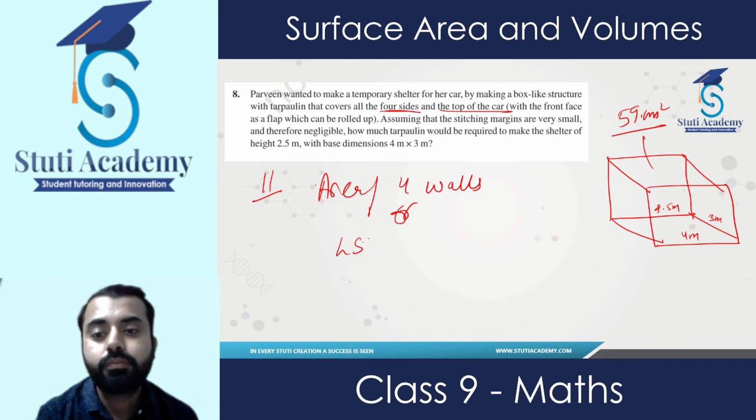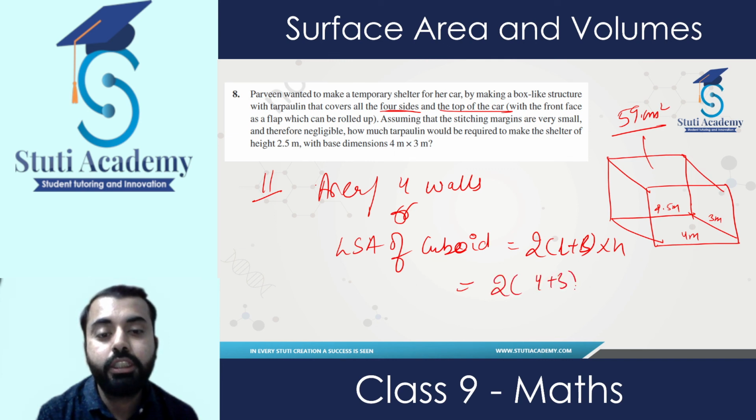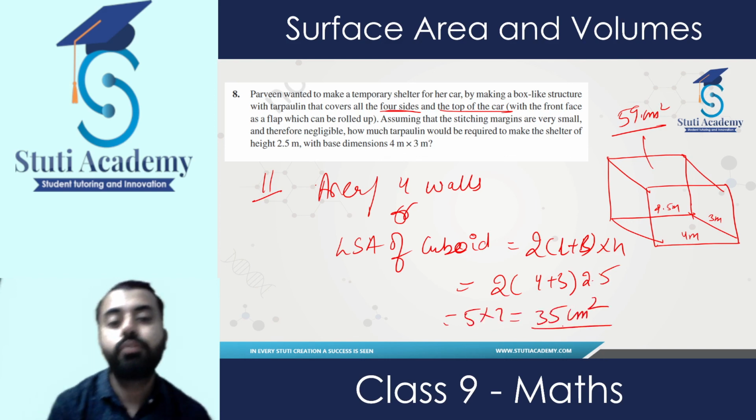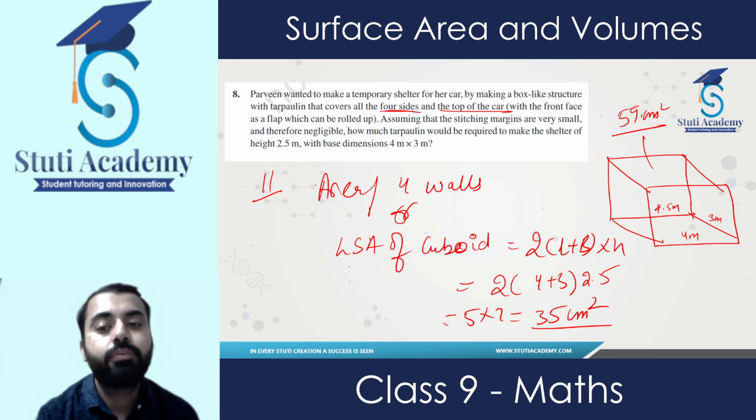The lateral surface area is 2 into (L plus B) into height. L is 4, breadth is 3, height is 5, so 2 into 7 into 5. That is the lateral surface area. Right?